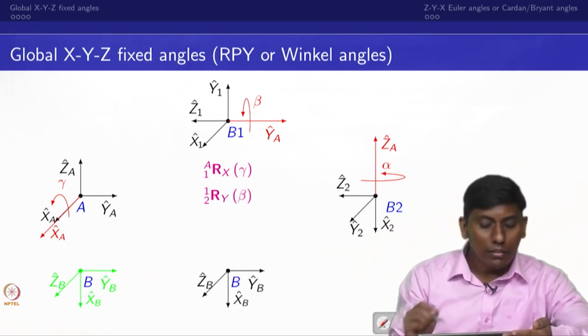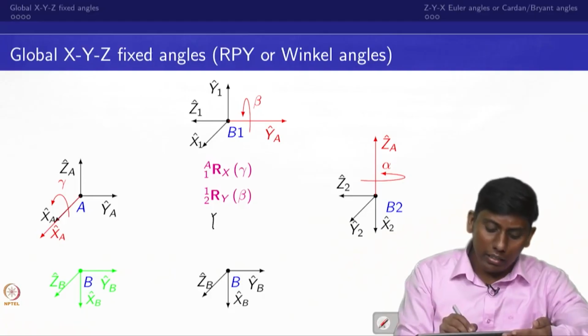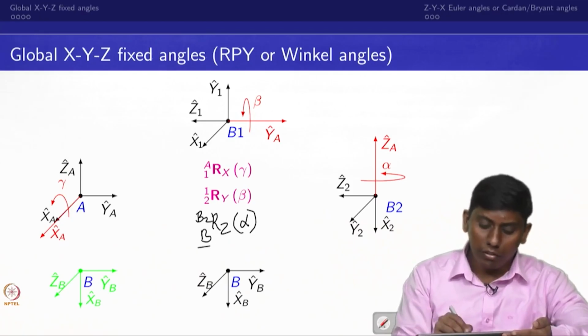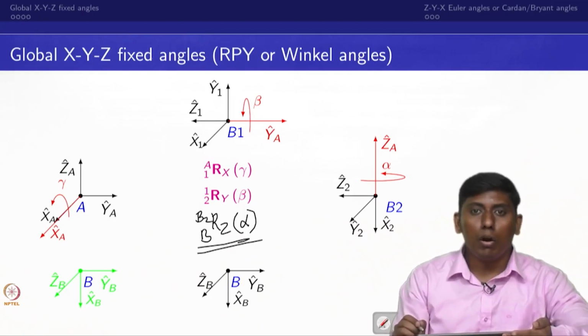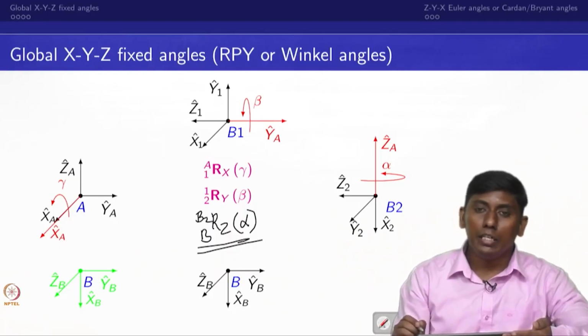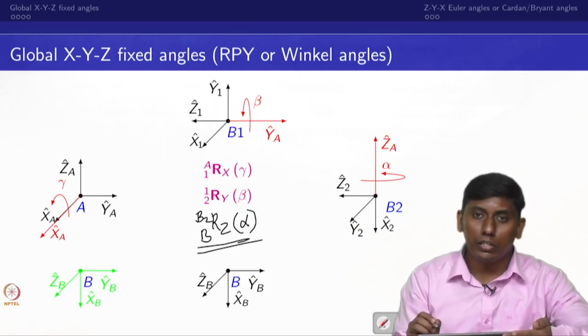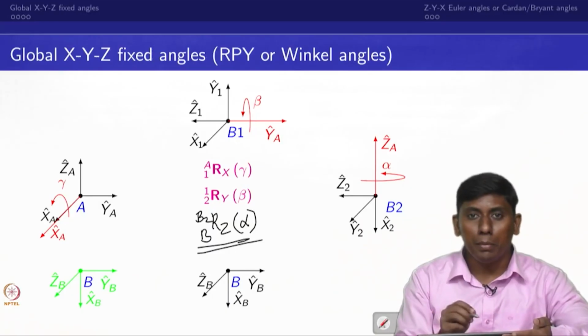So the z axis rotation of alpha gives B. This is what I get. So what we did was a simple example: if you rotate everything with respect to the fixed axis, then you have to pre-multiply.